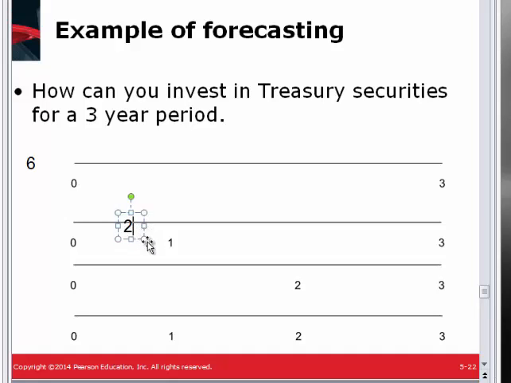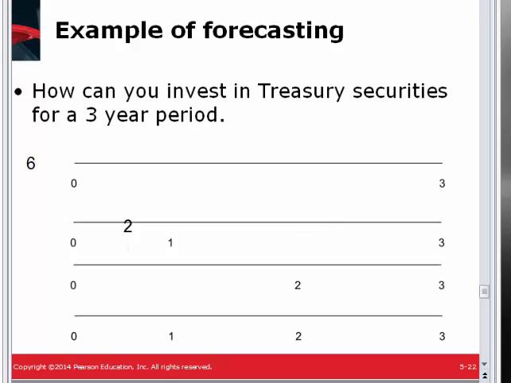So it's 2%. And again, we're not going to use the time value of money here, but you'll understand the process. So if the 1 year is 2% and 3 years is 6%, then what has to be the rate of return on an R13? Well, it has to equal 6%, so this one over here has to be 4%.